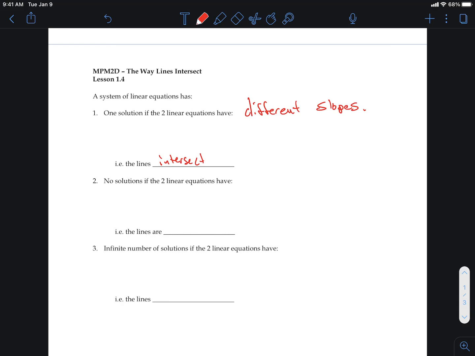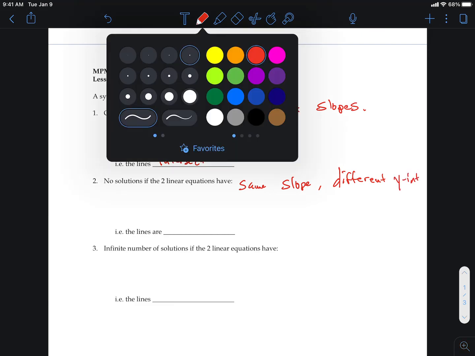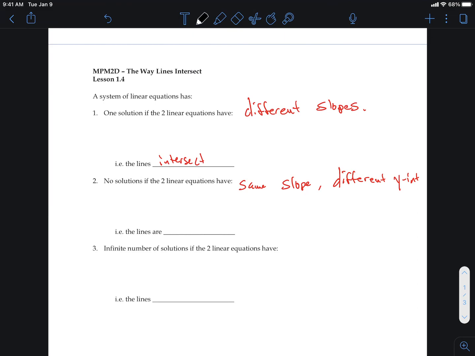Same slope, different y-intercept. Good. Remember, I'll write underneath these just in case anybody needs them. Different slopes, that'll be m. Same slope, different b.